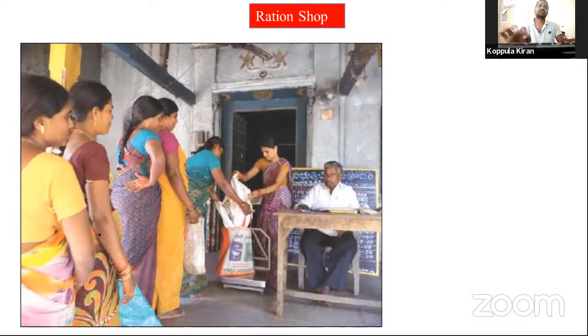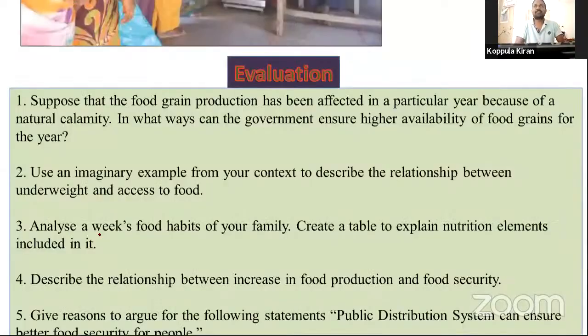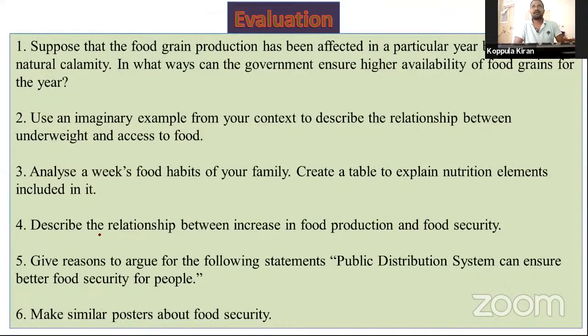See this picture, you can understand it in our locality. Okay, students, I hope you can understand this topic. Now the evaluation about this topic, one by one.